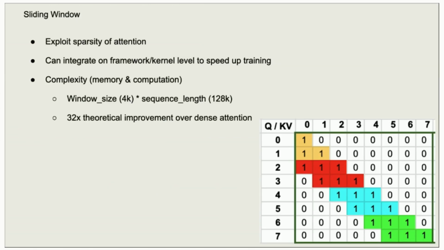And the last approach is a sliding window. This idea comes from the fact that a lot of times the attention is actually sparse, which means we don't have to attend to all the tokens from the history. We can choose to exploit certain levels of sparsity from the attention.